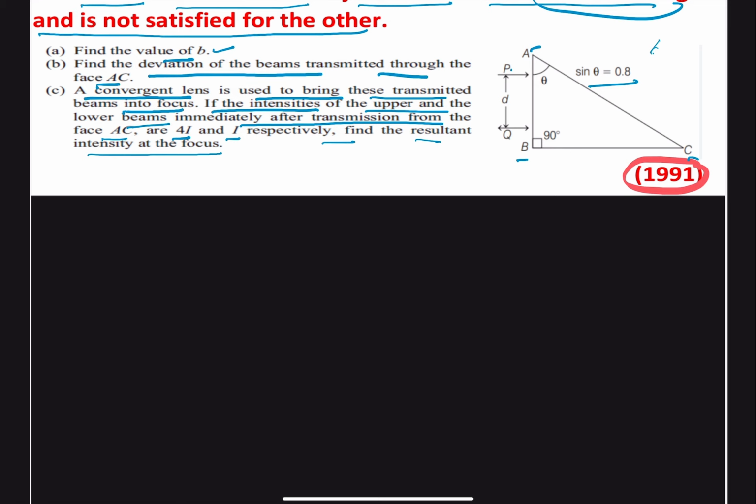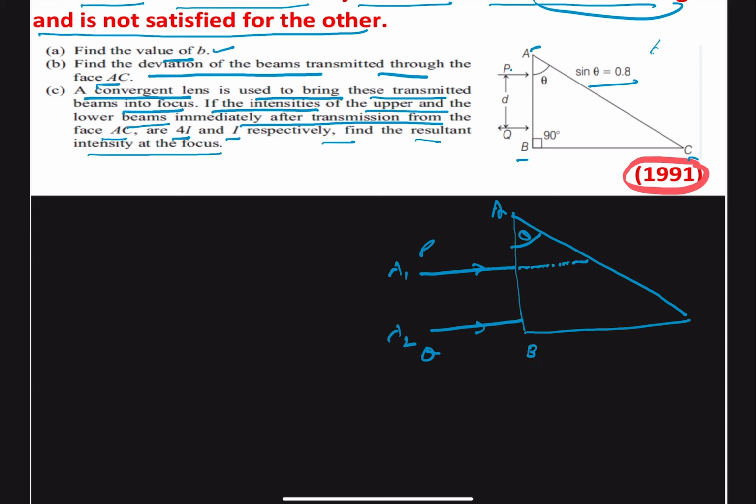So we can draw a figure for that, and here angle theta, first wavelength, second wavelength. Let us suppose this is our P and this is Q. P wavelength is called lambda 1, Q wavelength is called lambda 2. Okay. So obviously, as they are perpendicular on the face AB, they will be traveling in a straight line like this.